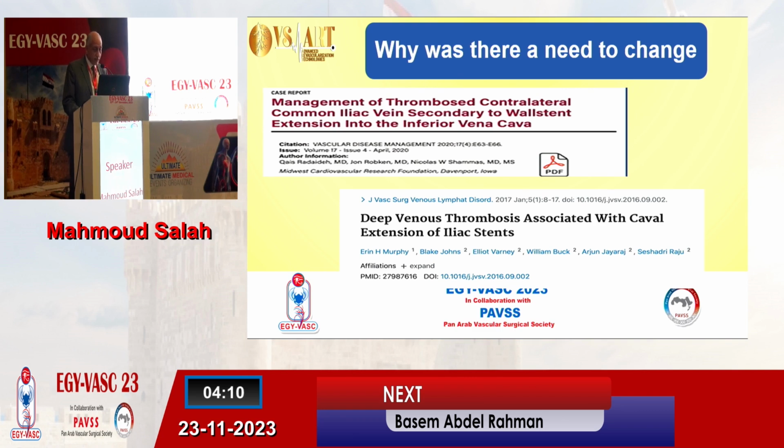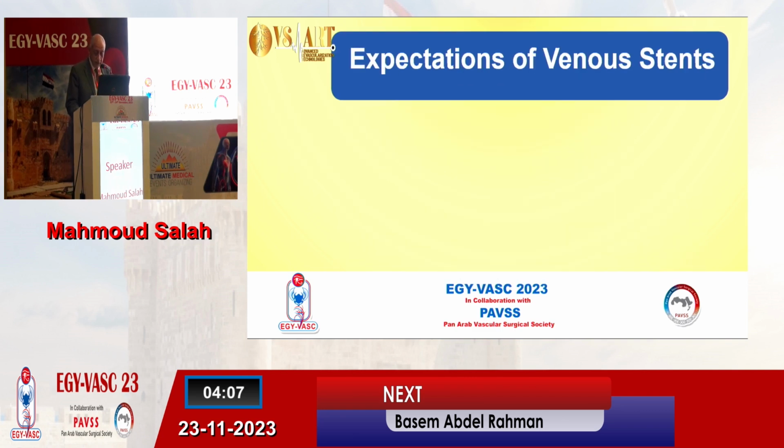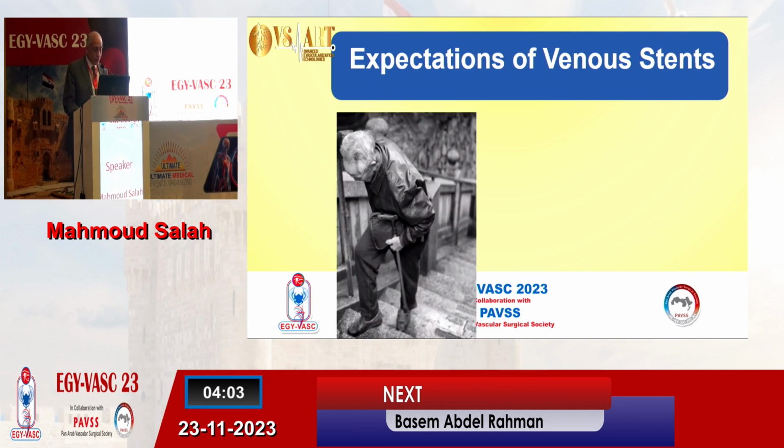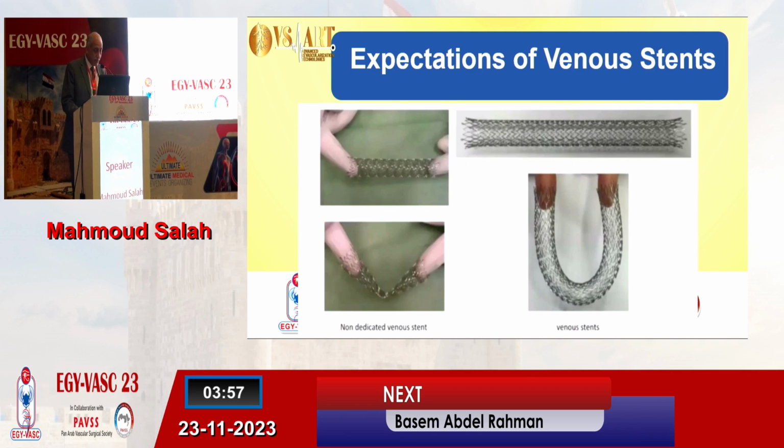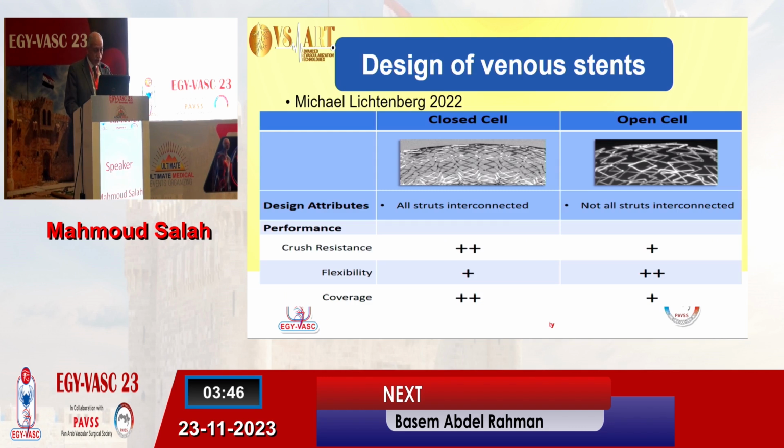These are some studies that were done, and the expectations of the venous stent. If this is the arterial stent, we need this for the venous stent. You can see the kink in the arterial stent, while in the dedicated venous stents, as you see, there is no angulation.